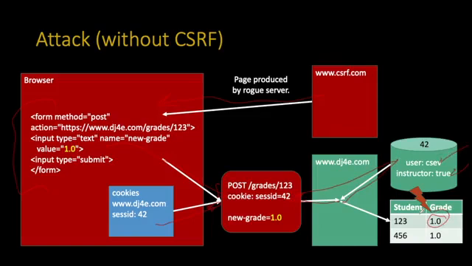So this would be a way, if you could convince a logged-in instructor to run a post form that you created, you could basically change your grades. That's how a CSRF attack works. You have to be tricked twice, but there are ways in JavaScript to make it so it's hardly noticeable that you get tricked.